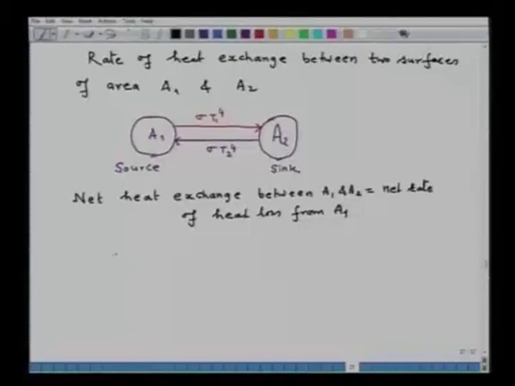A1 is the source and A2 is the sink. Whatever amount of heat A2 receives, it will also emit. So, the net heat exchange between A1 and A2 we are expressing in terms of the rate of heat loss from the surface A1, which is the source. So, Q, which is the rate of heat loss, is equal to. Now, one more thing is important for radiation, which is not in any other mechanism, for example, conduction or convection.